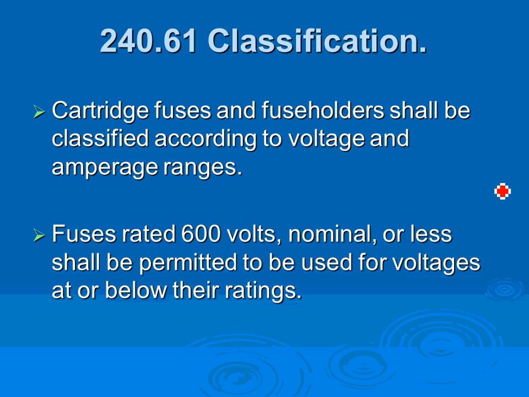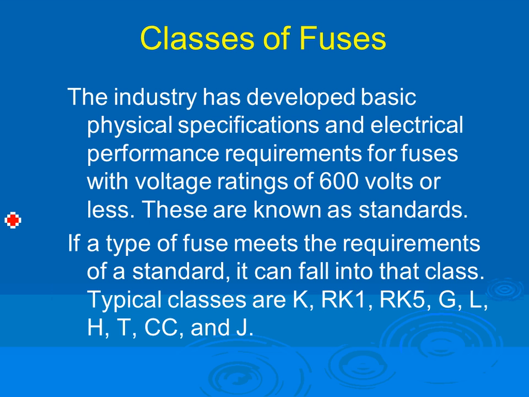Cartridge fuses shall be classified according to the voltage and the amp rating. Fuses 600 volt or less shall be permitted to be used on any voltage up to and including 600 volt. And then this talks about, guys, the different types. When it comes to fuses, really the main category is, first, the voltage, is it 300 or 600 for the cartridge. Then the amps, we know the voltage and amps are easy to know.